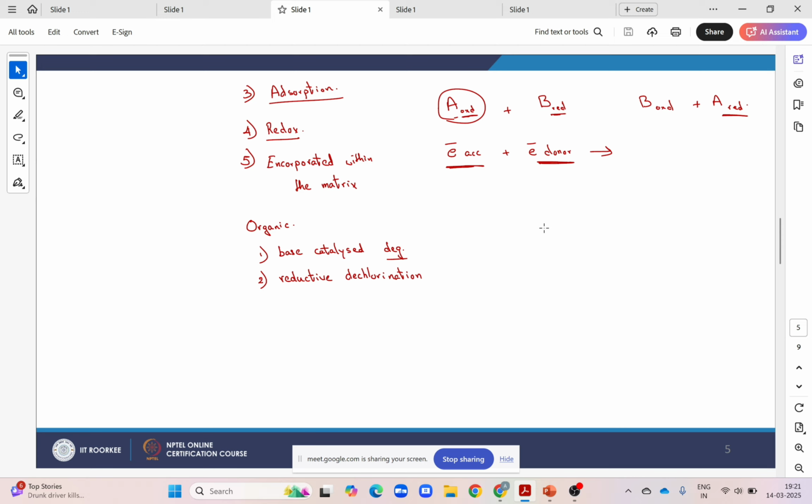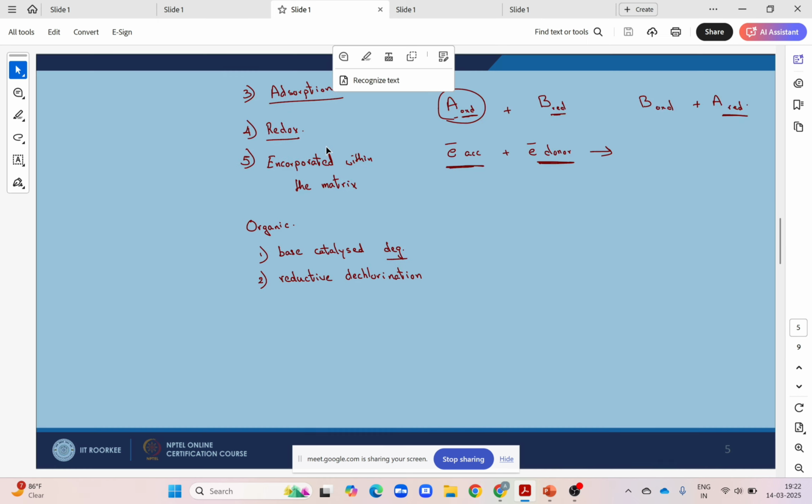The next reaction can be adsorption, where the pollutant can adsorb on some media. Redox reactions, that is oxidation reduction, can take place. And next is incorporation within the matrix. Suppose there is some silica and there are some voids created. In those voids, the pollutant can get trapped.